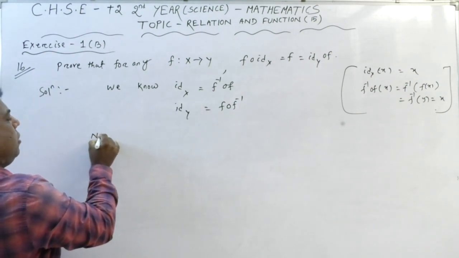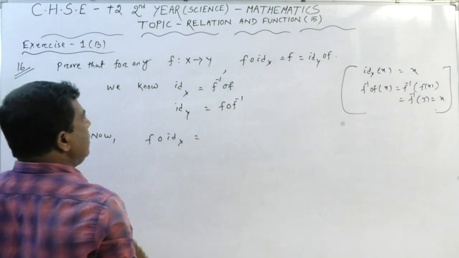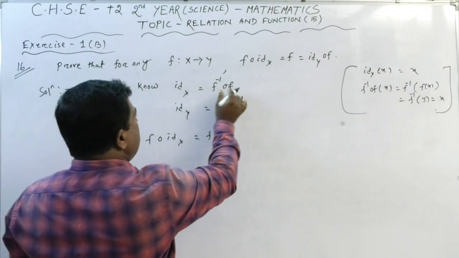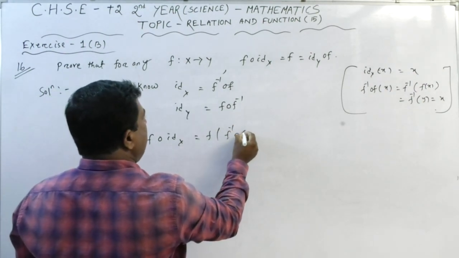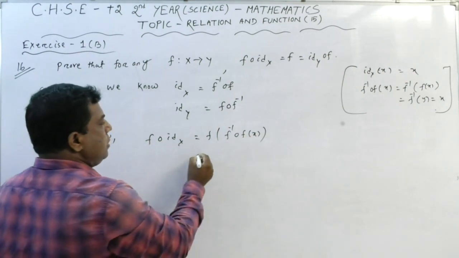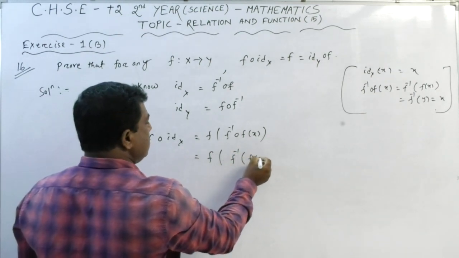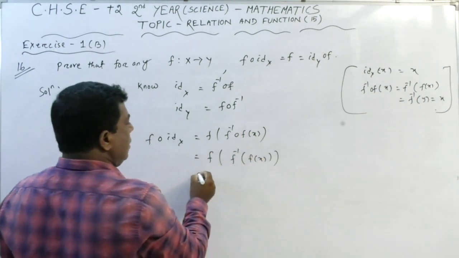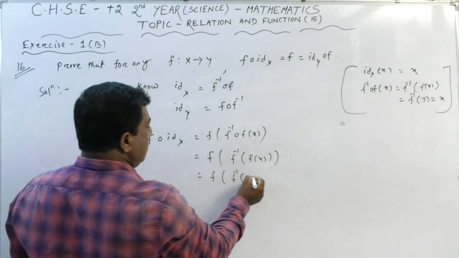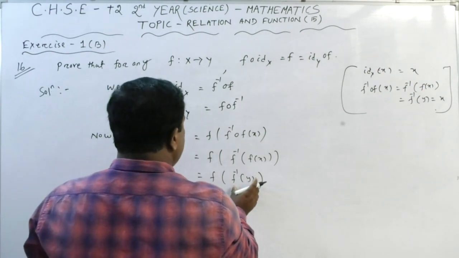Now f operated on identity x can be represented as f operated on identity of x, that is f inverse of f of x. Suppose it is applied on f of x. So it is f operated on f inverse of f of x. Clear? And it is f of f inverse y. What is f inverse y?